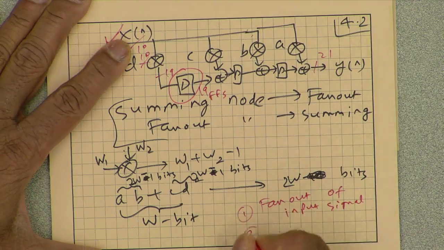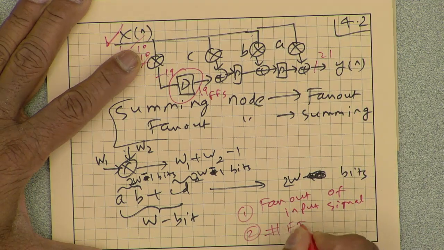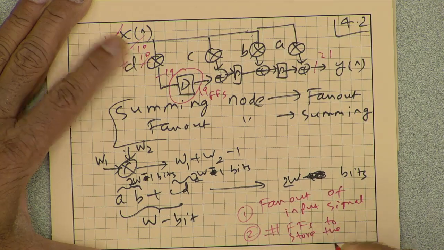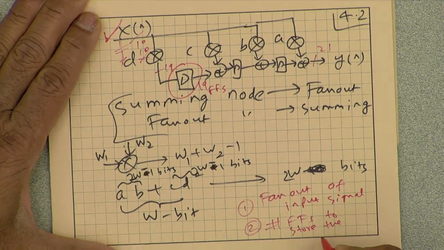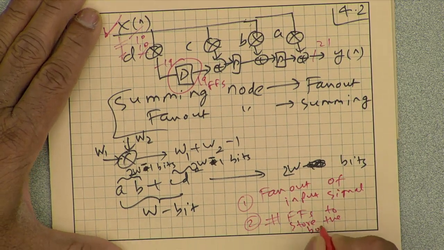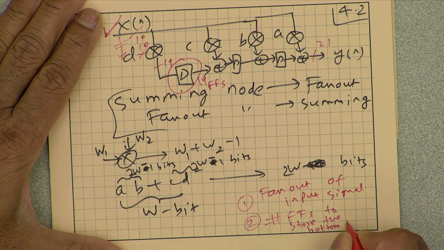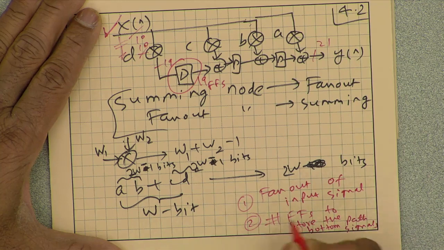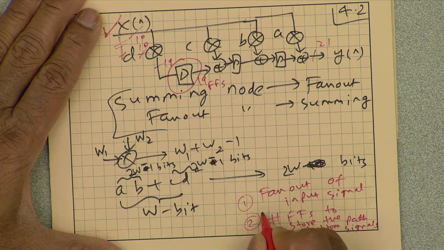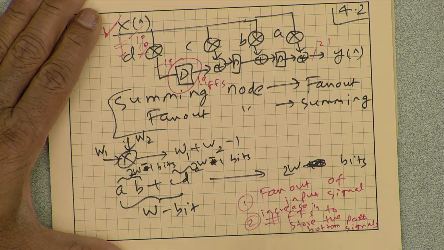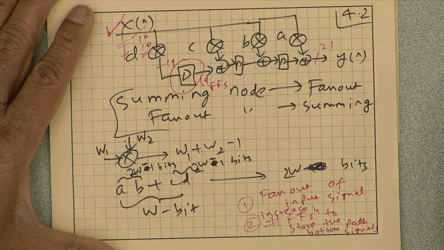And the second drawback is the increased number of flip flops to store the bottom path signals. So that's the increase in the number of flip flops.